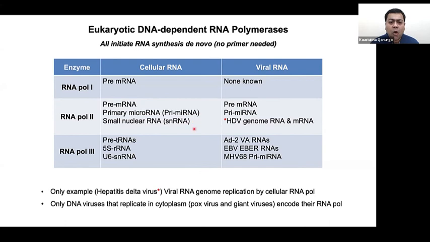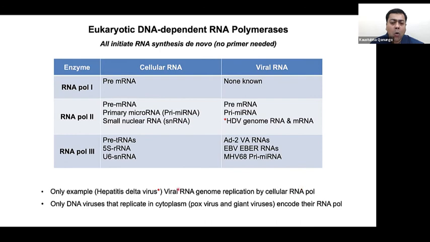And also the RNA pol 2 makes the small nuclear RNA. And what you are seeing here is only one known exception. This hepatitis delta virus is a satellite, and this satellite does have a viral RNA genome. And the RNA pol 2 somehow replicates it.